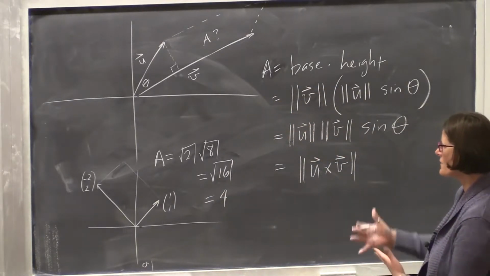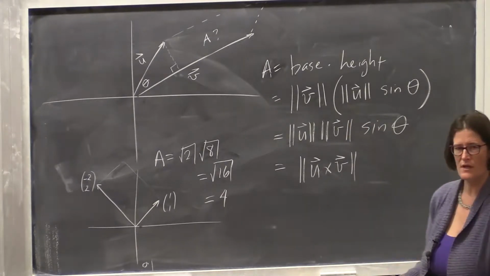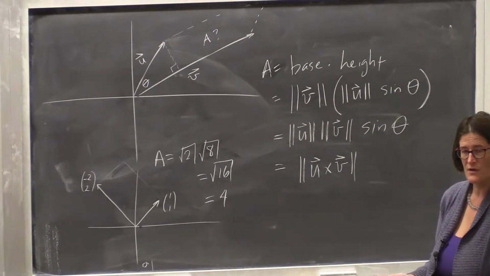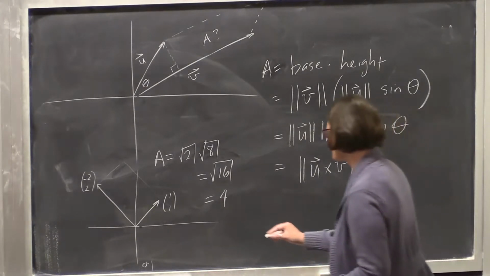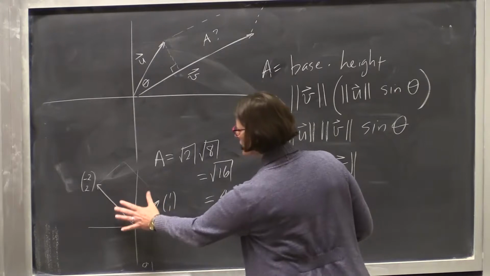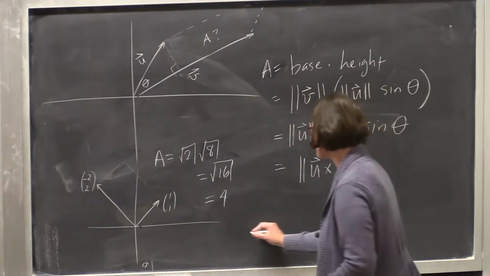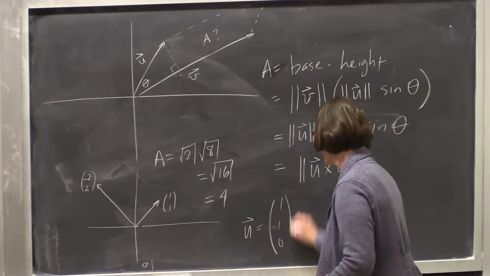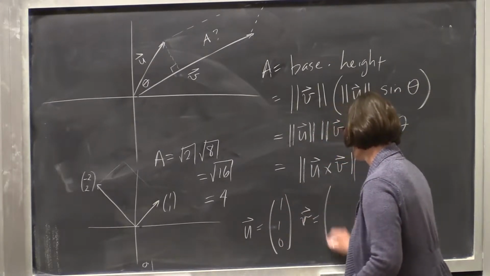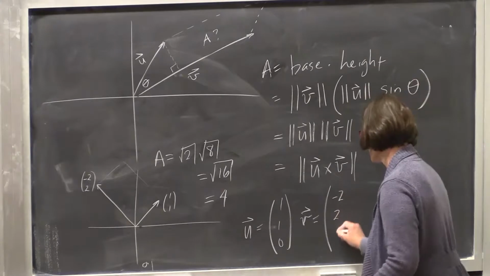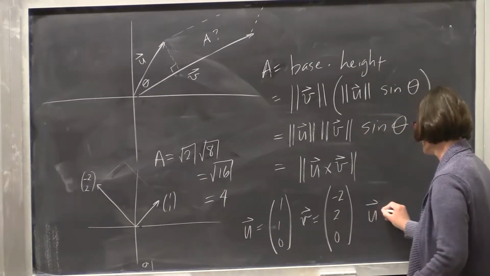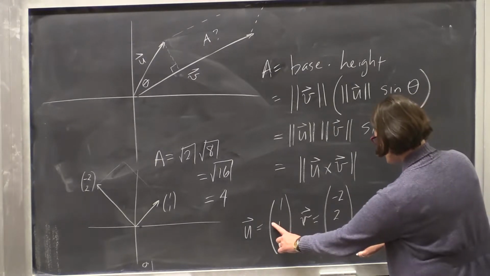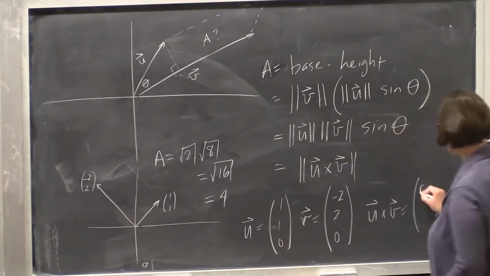On the other hand, we can't take cross products of vectors in R2. Cross products are only for vectors in R3. So really, what you would do is you would take this and embed it in R3. So what would I take to be my vector u? 1, 1, 0. My vector v? Negative 2, 2, 0. And u cross v is going to be, let's see, this times that minus this times that, 0.